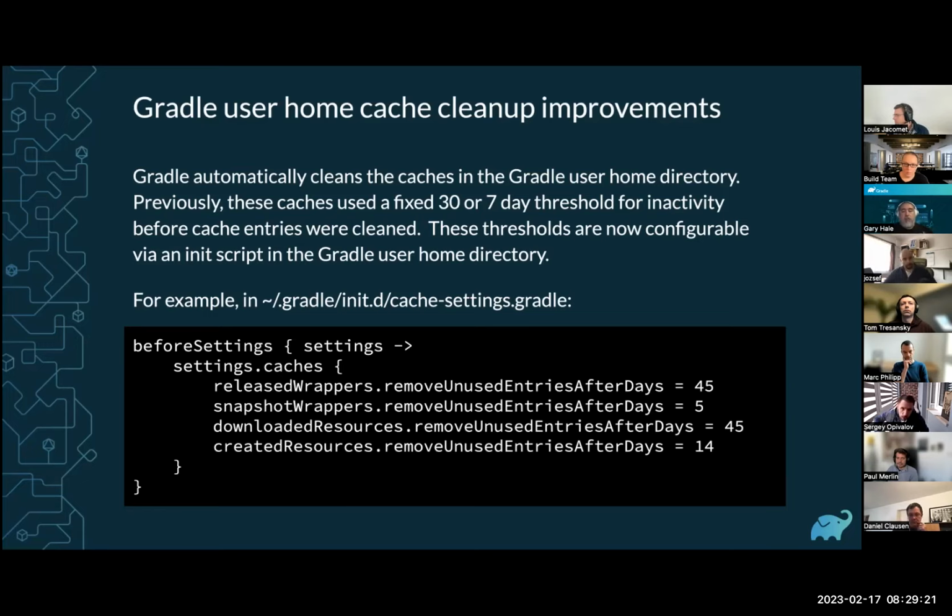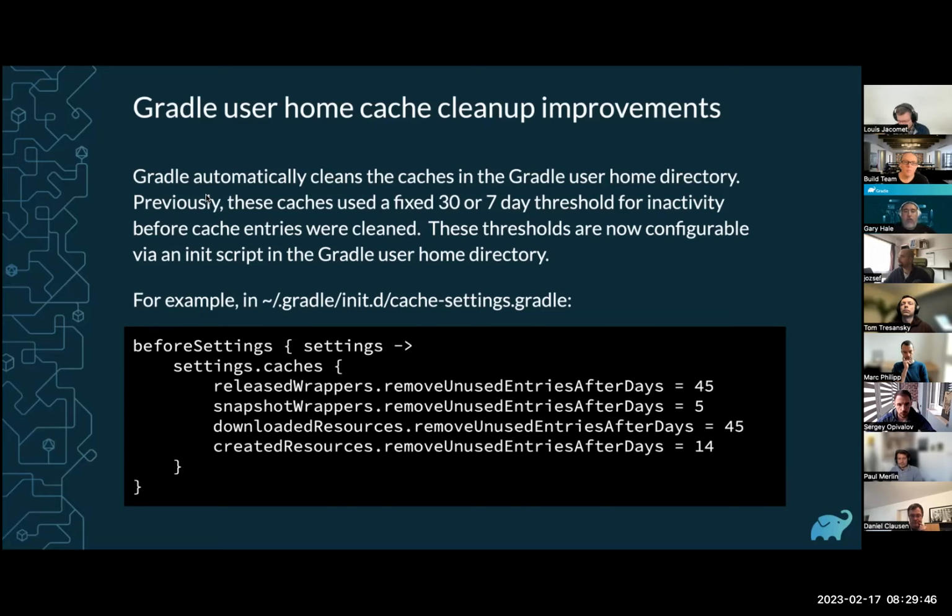As opposed to that, there are also caches that are not version-specific. They are shared by multiple versions of Gradle. The downloaded resources are any cache entry that we download from an external source. For instance, the dependency management cache is the biggest one there.